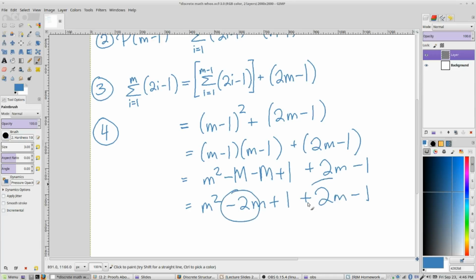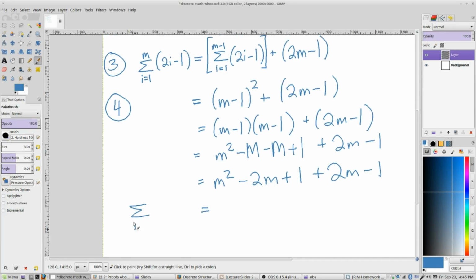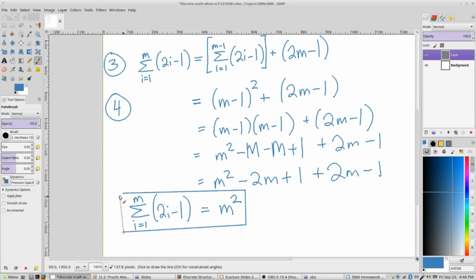So this and this cancel out, this and this cancel out, and we're only left with the sum of i equals 1 to m of 2i minus 1 is equal to m squared. So this is our answer, this is our proof.